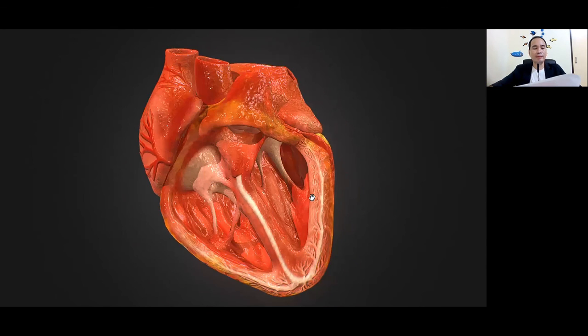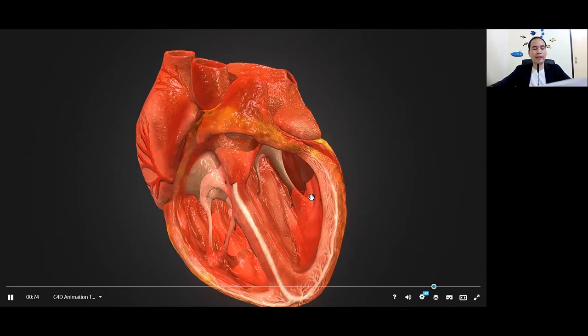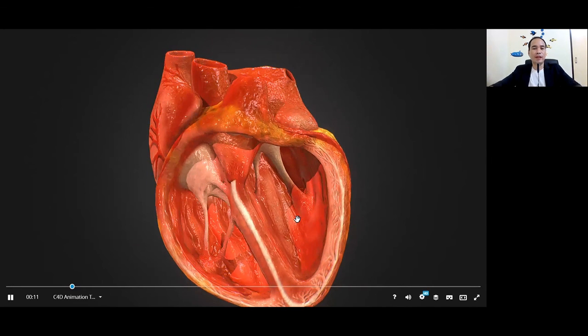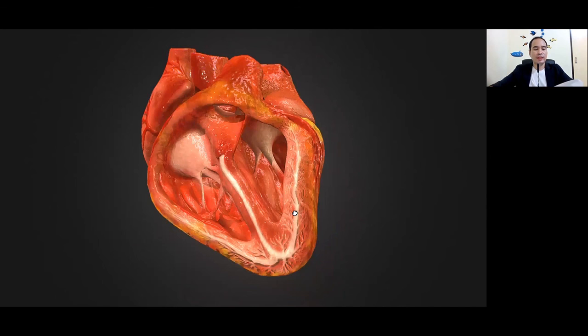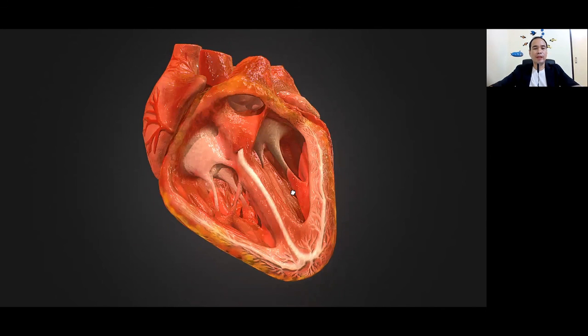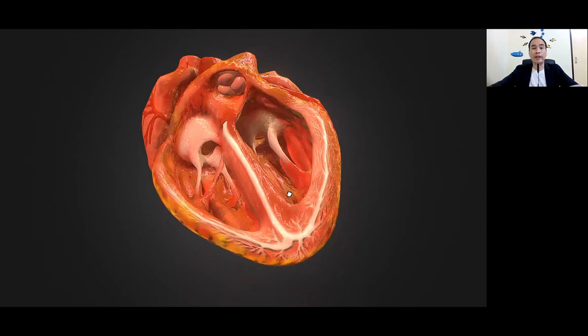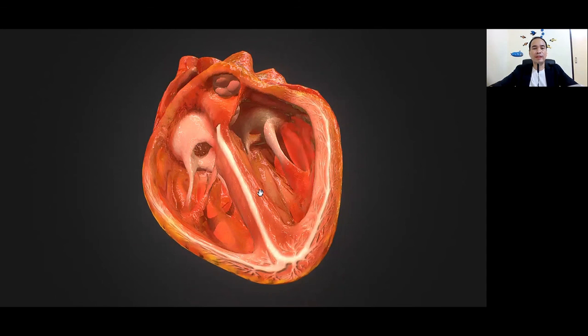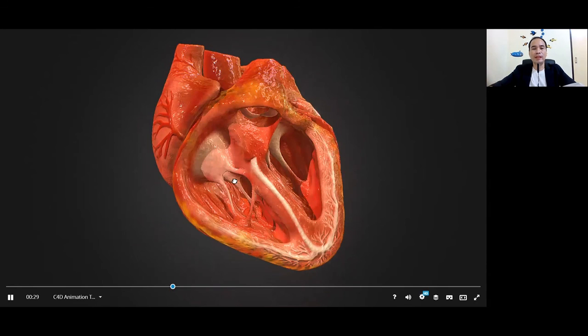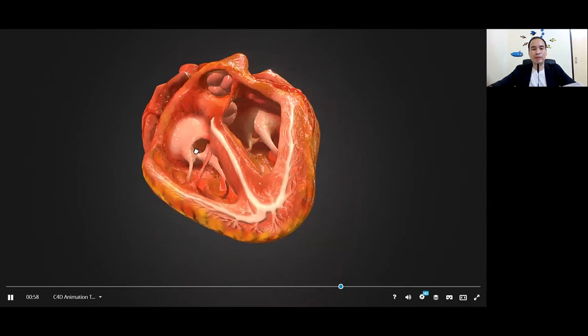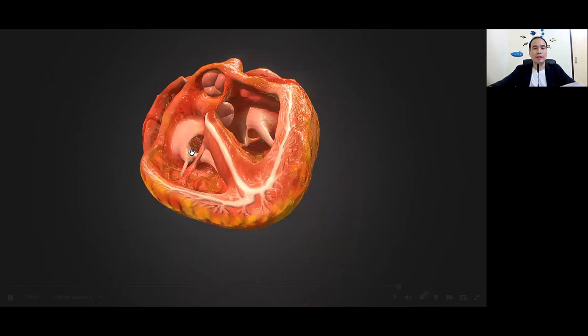Okay, so let's go back and find your valves. Where are your valves? We have four here, right? Let's name them. This one on the right side is your tricuspid valve. Let's move it closer.